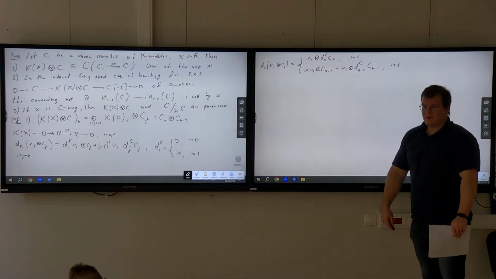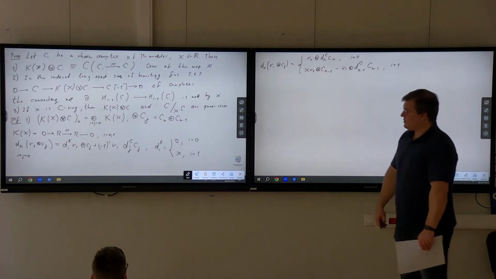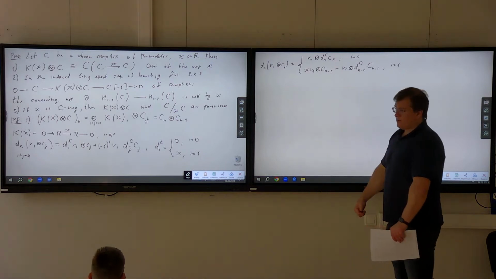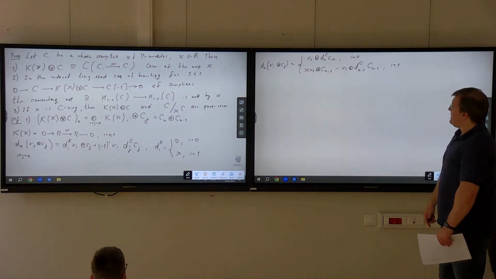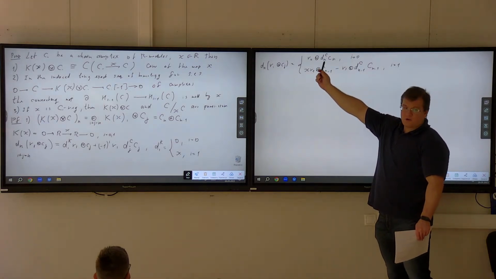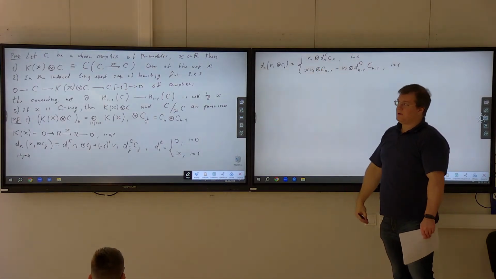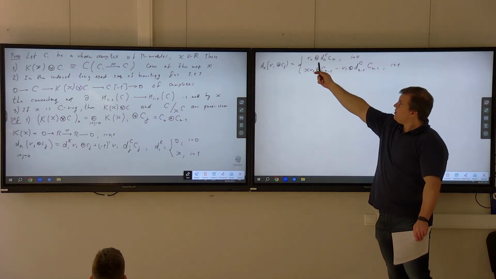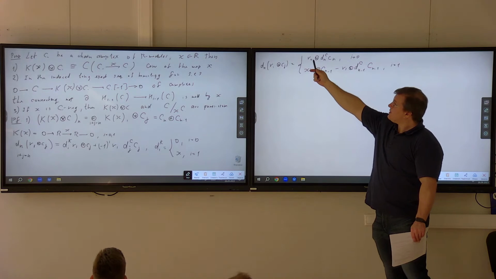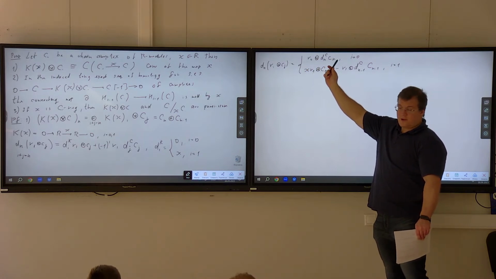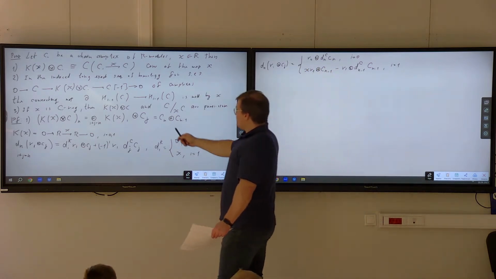Check this. This is just the same formula as before, divided into cases according to the Koszul differential. But of course the differential on C is R-linear, and the tensor product is over R, so we can forget about the tensor product and move this R0 aside when we identify this with Cn.